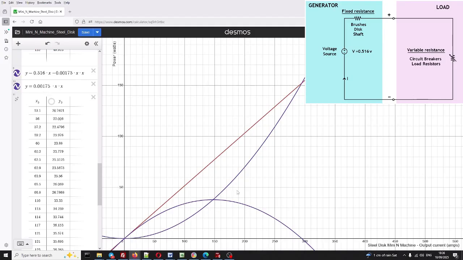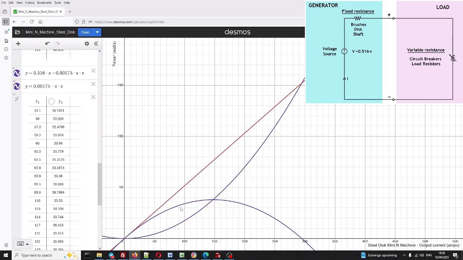This power cannot be utilized and is effectively trapped inside the machine, i.e. inside the shaft, disc and brushes. Now if we add the value of the two purple lines together at any point along it, they always equal the red line, i.e. the total output power.